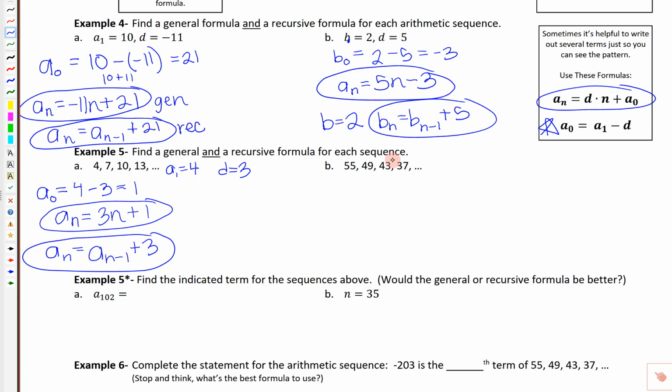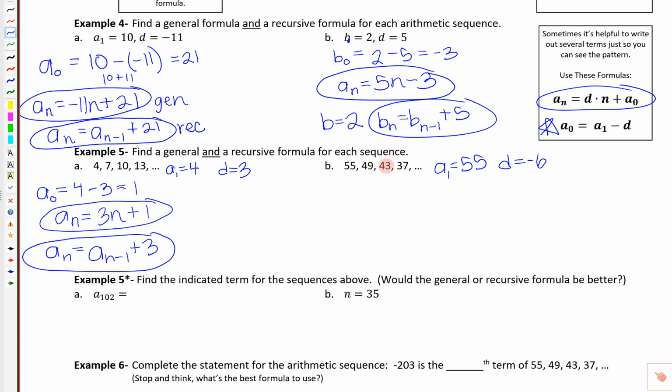Okay, now the next one, let's look at this one. So our first term is 55. And the difference on this one, 49 minus 55 is negative 6. I could also check it. They are subtracting 6 each time. 55 minus 6 is 49, minus 6 is 43.